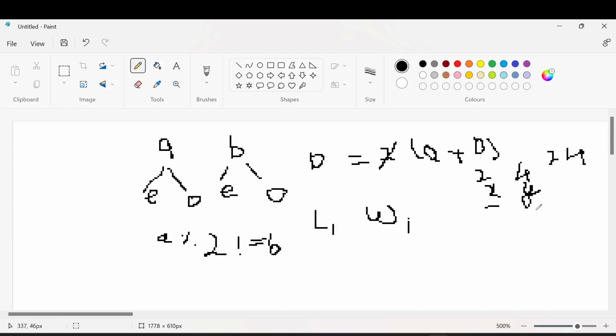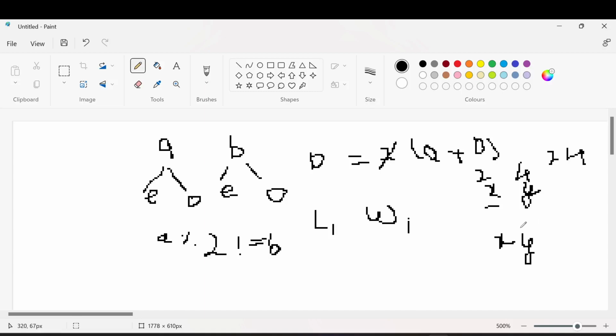Correct? But if x and y both are odd, we can't divide them as the sum of two even numbers. Correct? If we take out an even chunk from an odd number, an odd number is always left. It is a basic ideology.